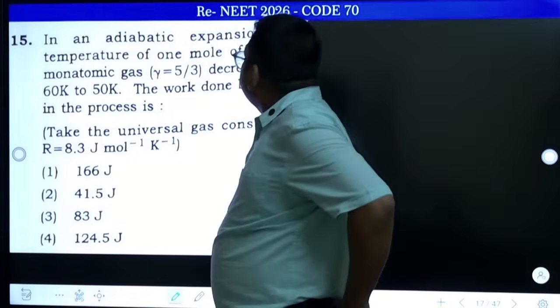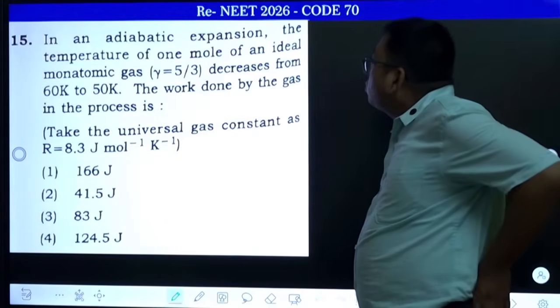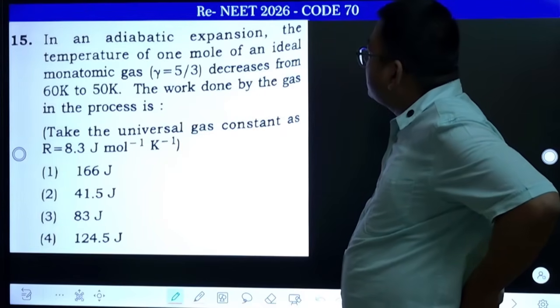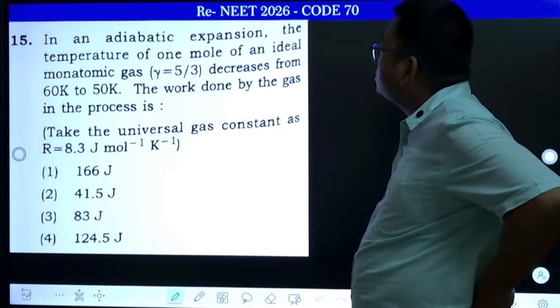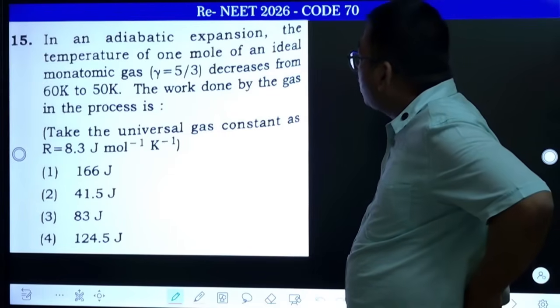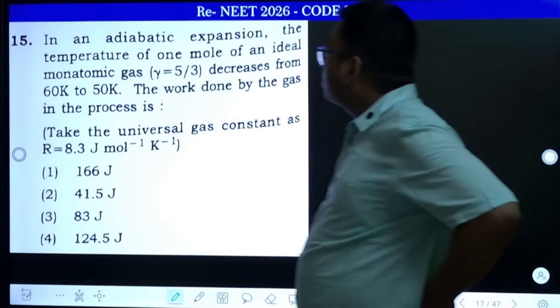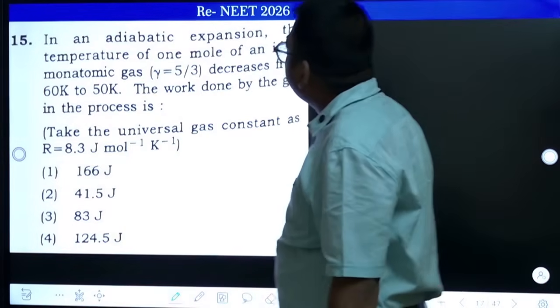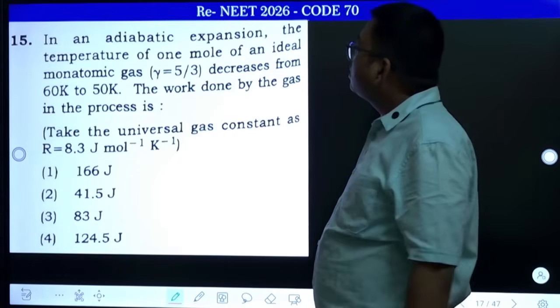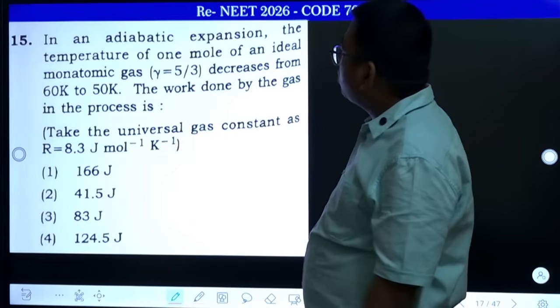In an adiabatic expansion, the temperature of 1 mole of an ideal monatomic gas decreases from 60 to 50 K. The work done by the gas in the process is, what will be the work done by gas? Adiabatic process it is, right? Gamma is given, temperature is decreasing, work done by the gas.